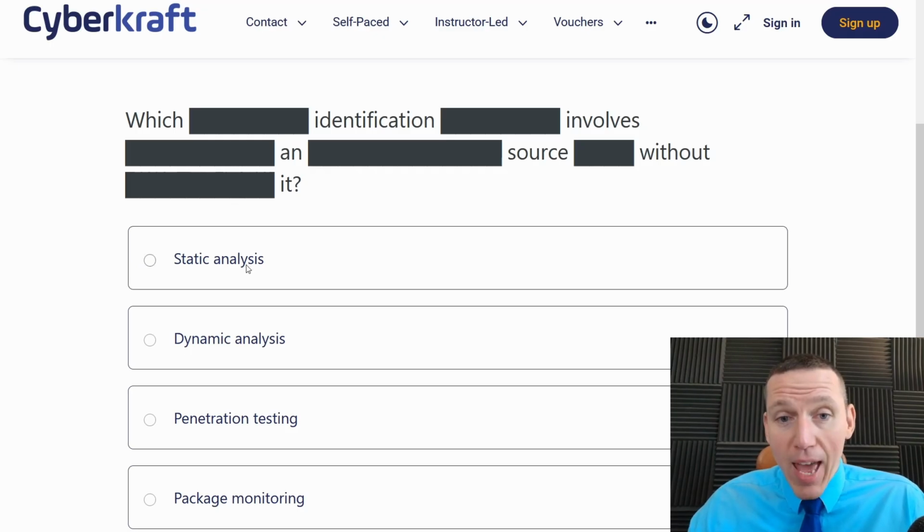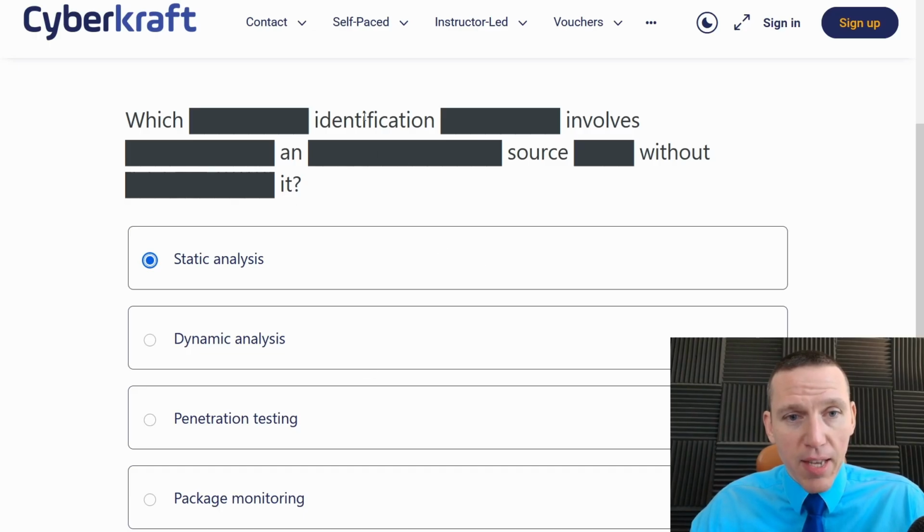I would think it'd be static analysis. That could be source code, a something source code without executing it, maybe. And that does describe static analysis. Okay, so I'm going to go ahead with static analysis.